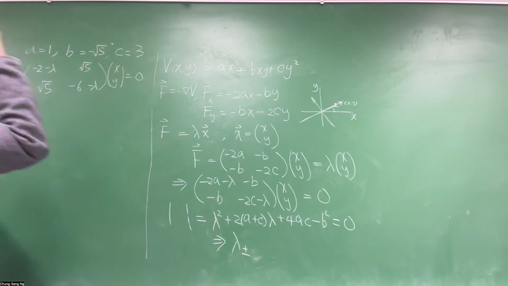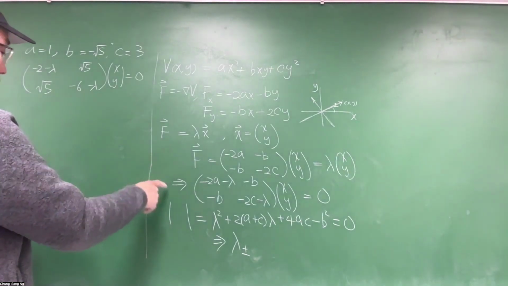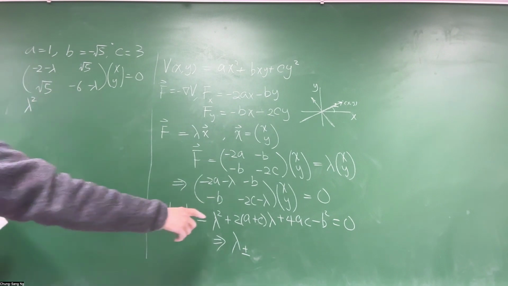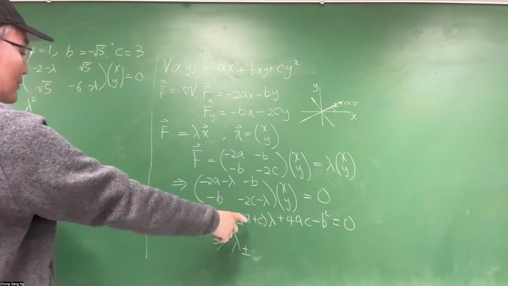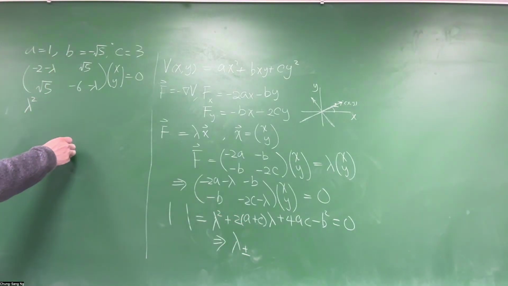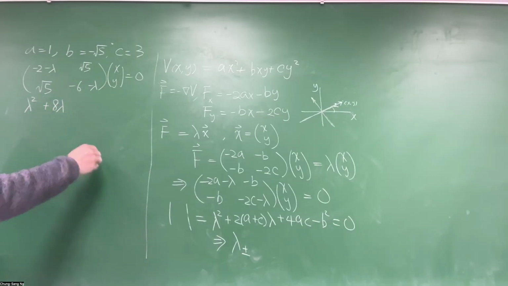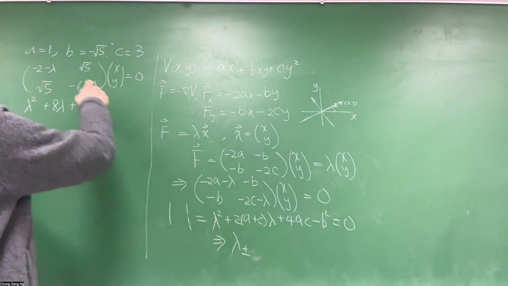It gives us 0. Okay, not too bad. And then the characteristic equation now is the same: lambda squared plus 2a plus c, a plus c is 4, so 4 times 8 lambda... and then plus 4ac.